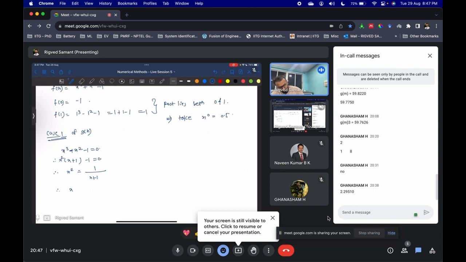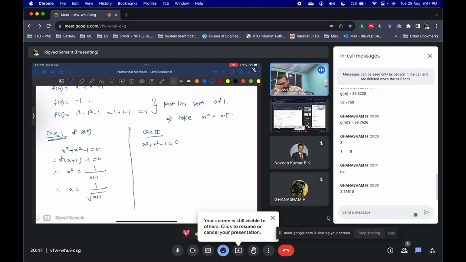Therefore x is equal to 1 divided by x plus 1 raised to 1 by 2. This is case 1.